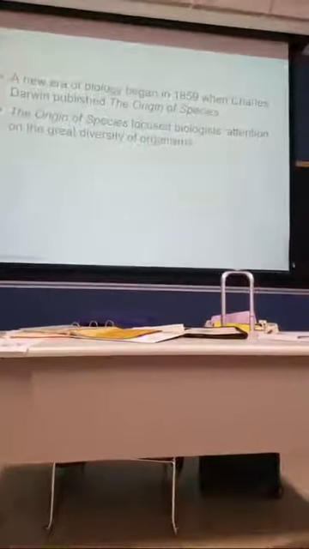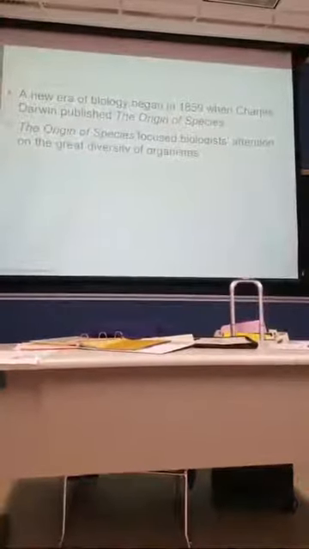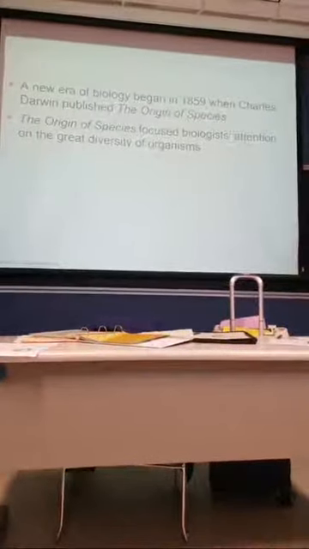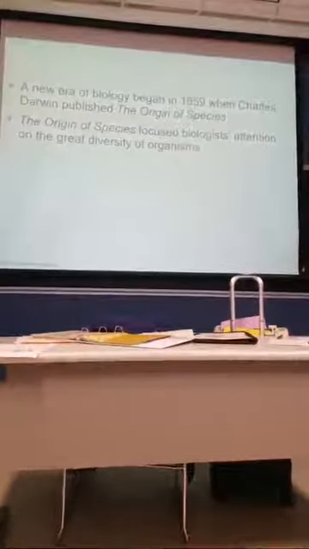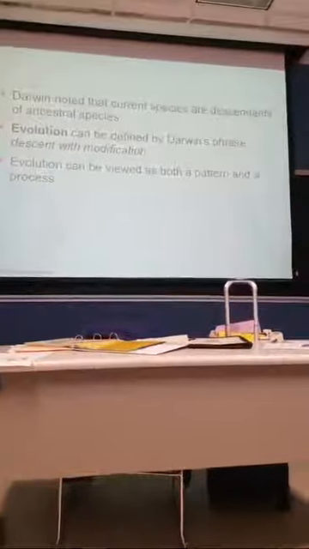Caterpillar, egg, larva, pupa, adult, the complete metamorphosis. So a whole new era of biology began in 1859 with Charles Darwin publishing The Origin of Species. It focused biologists' attention on the great diversity of organisms. Big concept here.